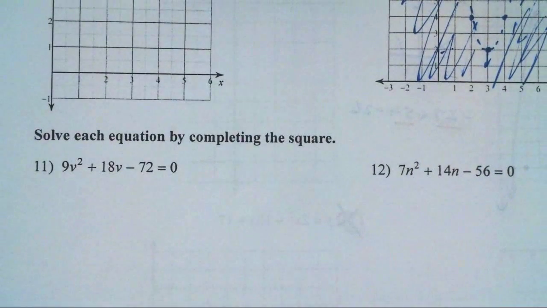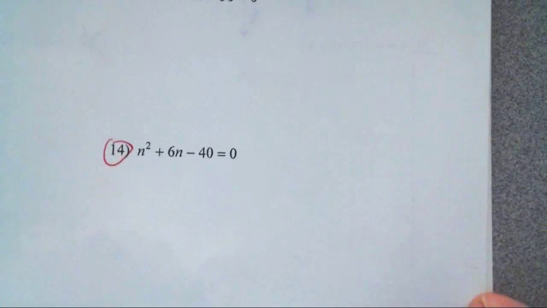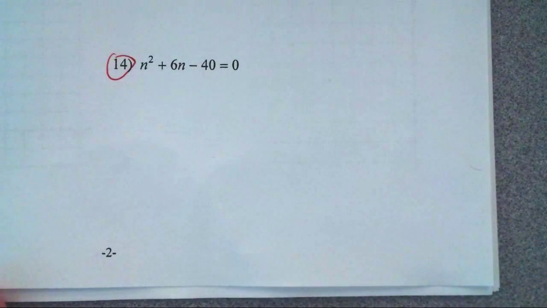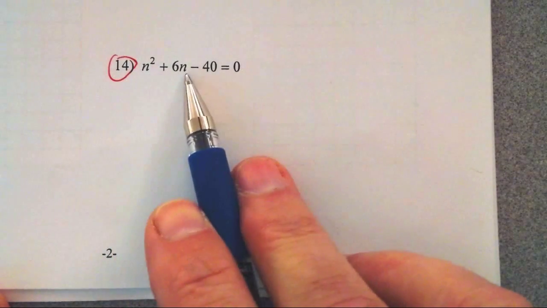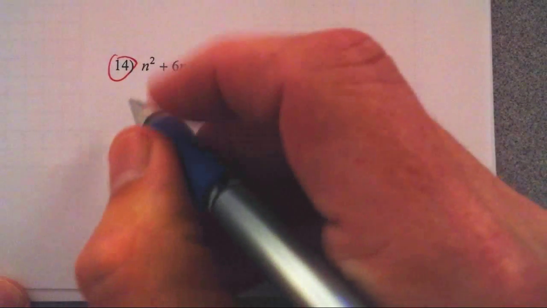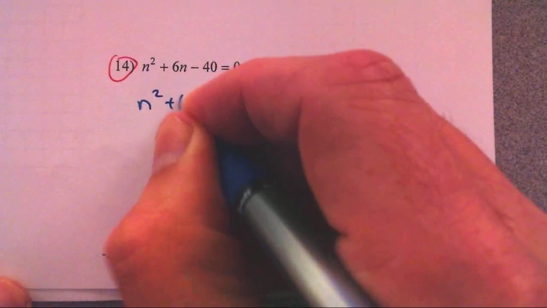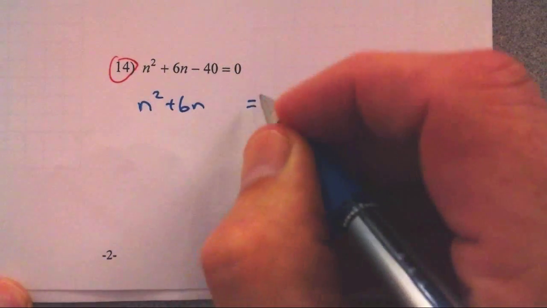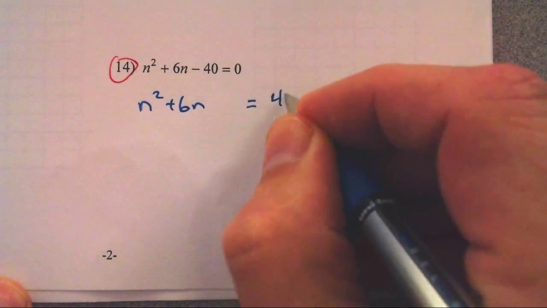All right. Solve each equation by completing the square. We'll take a look at a couple of these. To complete the square, I want to group my n's, in this case, on one side. I want to leave a blank and get my non-n's on the other side by adding 40 in this case.